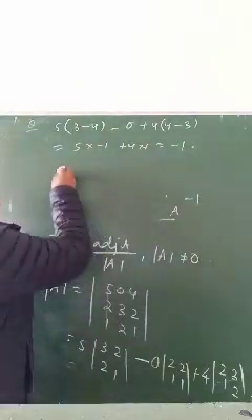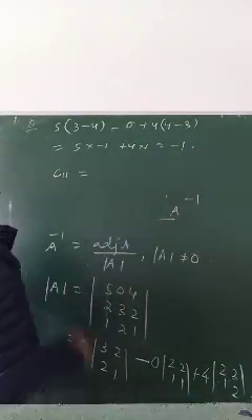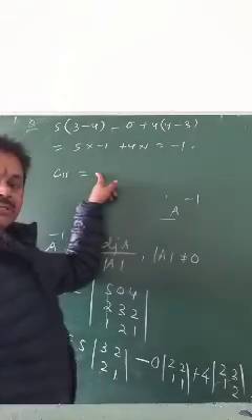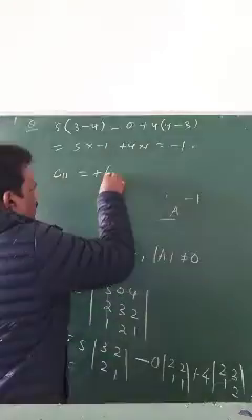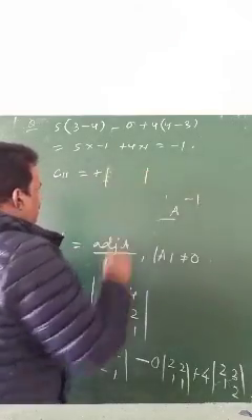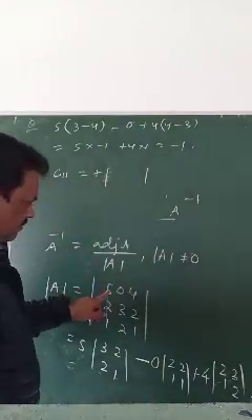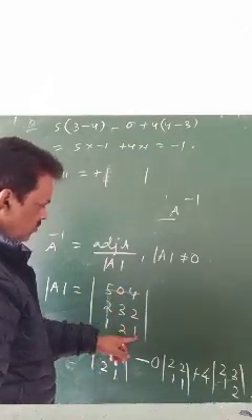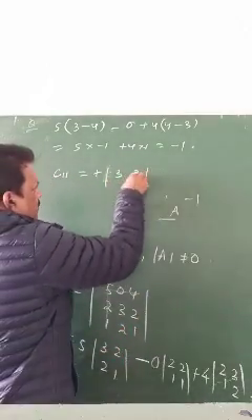Then what would you find out? Cofactor C11. Add these two numbers; if it is an even number, you take plus sign. What is the minor? C11 is the cofactor for 5. You have to forget this row and column: 3 2, 2 1.